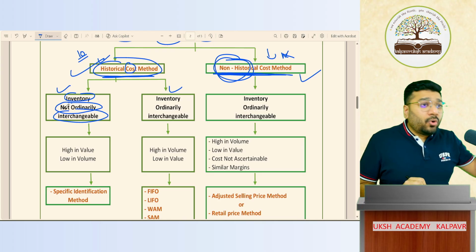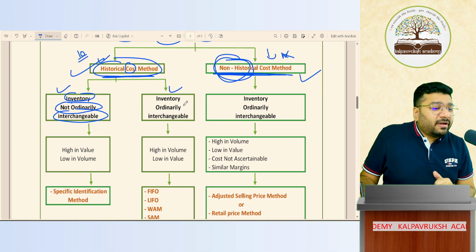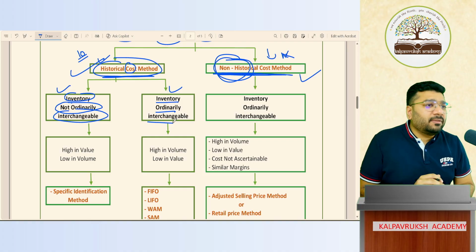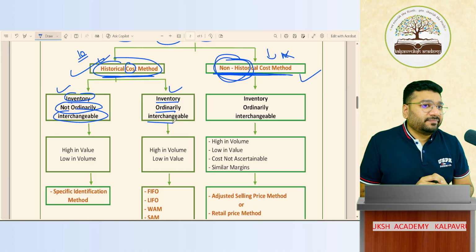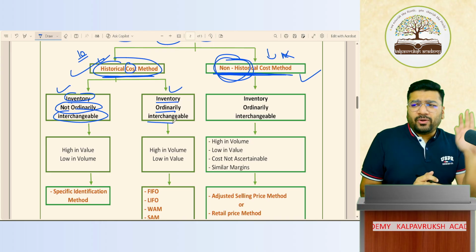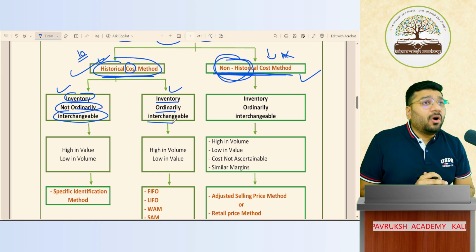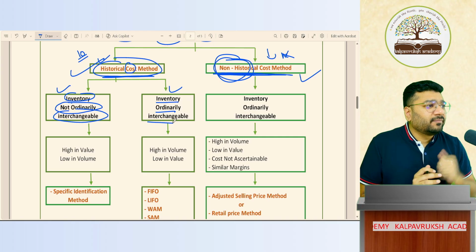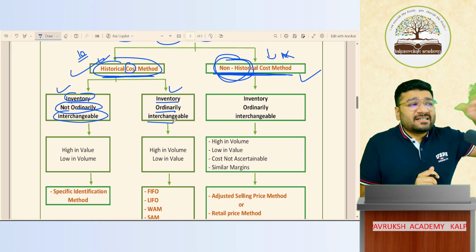When you read the term, what comes to your mind? What does this term strike in your mind? One is called inventory ordinarily interchangeable. What do you understand from this term? You tell me. What does your common sense say? What could this be? Even if you're wrong, it's okay. It doesn't matter. Order? You're saying this has something to do with the order. Okay, some connection to cost. Easily?